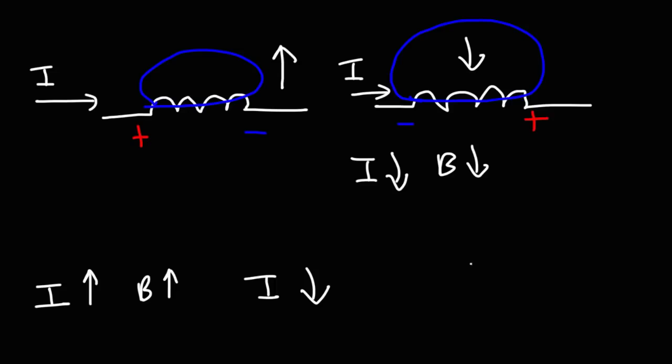And so now the inductor becomes a current source. It helps to support the falling current. So when the current goes up, the inductor tries to decrease the current. When the current goes down, it tries to increase the current. So the inductor is very useful for maintaining a relatively steady amount of current flowing through a device.